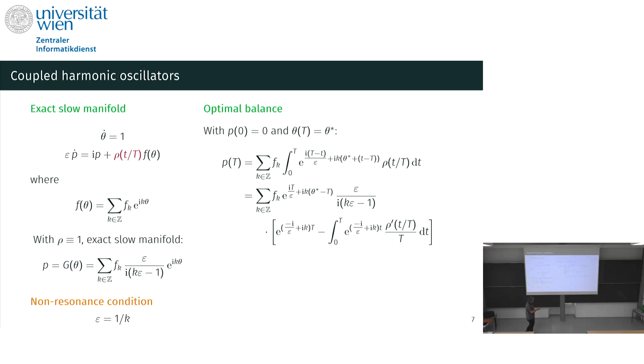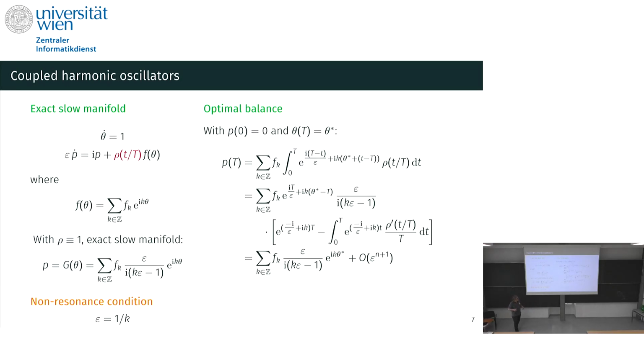And to show that the garbage is small, you continue to integrate by parts. I haven't written out all the terms that you're getting, but you can imagine that you're getting higher derivatives of the ramp function that will always be evaluated at the boundary terms.